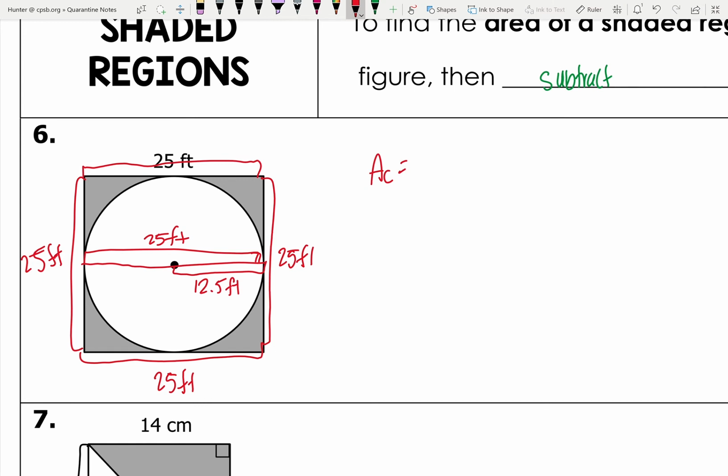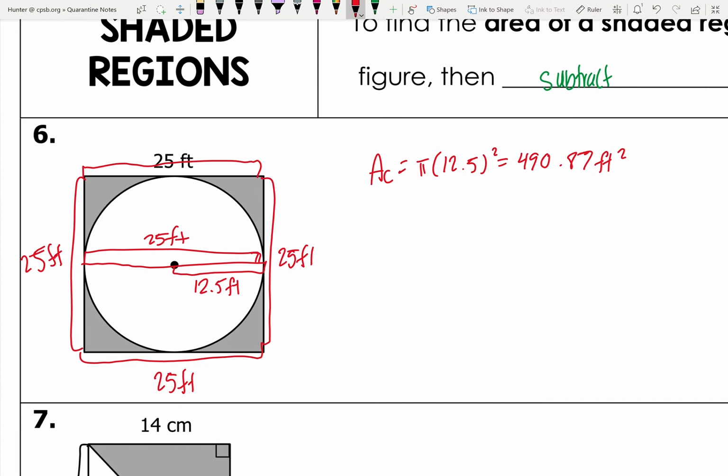That's equal to pi times 12.5 squared, and that's 490.87 feet squared. Okay, so we found the area of the hole that we cut out of this square.